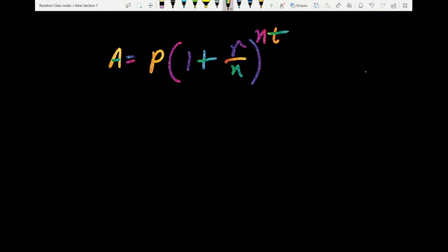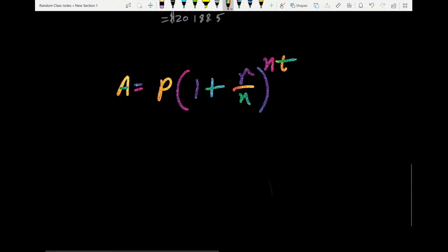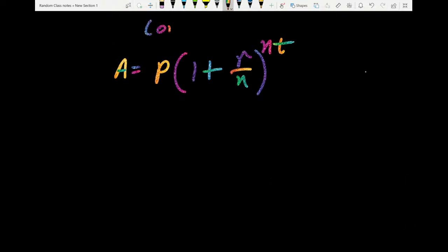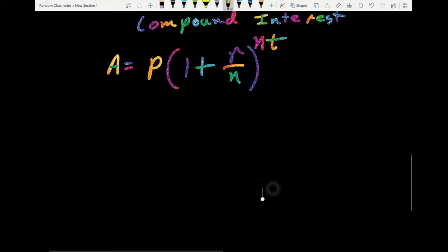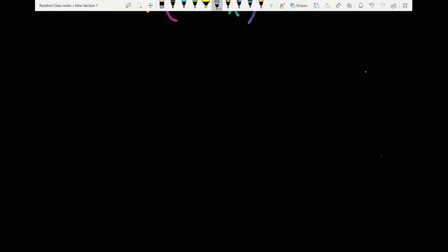So this is called the compound interest formula. For that one, A represents the future amount.